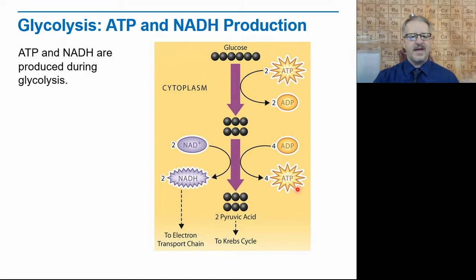Now the ATP is the currency of the cell in terms of energy. It's the molecule that contains the energy that cells use to drive other cellular reactions. So the whole point of cellular respiration is to produce ATP molecules.